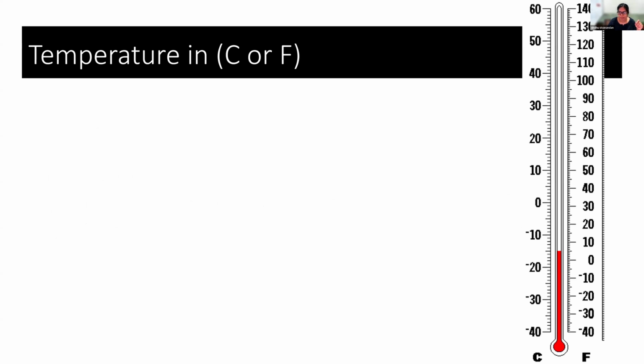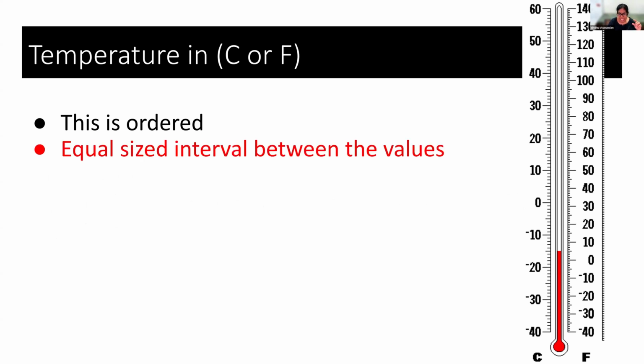Temperature scale, centigrade or Fahrenheit. There is an order to it because we can have temperatures from 0 or minus and up to any degrees. The interval between two values is the same. 0 is arbitrary. Why is 0 arbitrary? Because a temperature of 0 does not mean absent temperature.